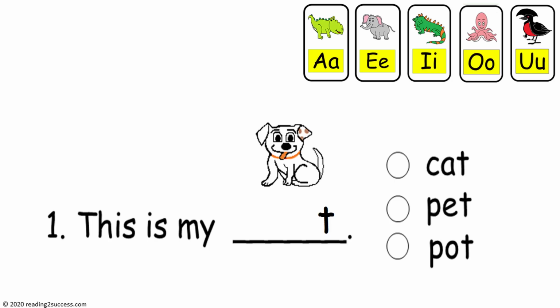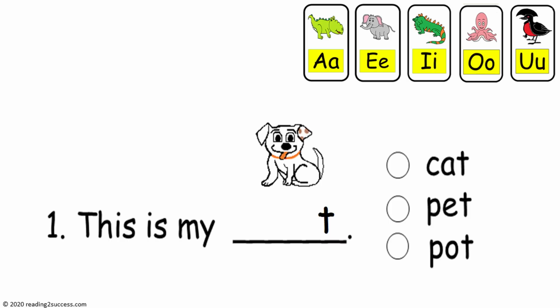So in the first example, have kids begin by reading the sentence, this is my, and they see a dog. So they might say, this is my dog. But dog ends with a G and we see that the word ends in a T. So this is where you may need to guide them. It is a dog, but sometimes people call their dog a, and say pet.